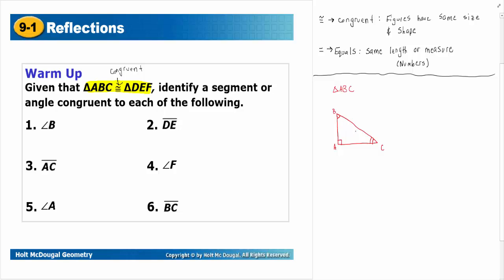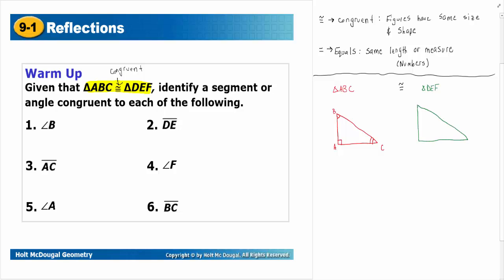So anyway, that's my triangle ABC. Now when you say that it's congruent to triangle DEF, go ahead and draw that. So triangle DEF, and I'm going to draw it going the same way and all that good stuff.